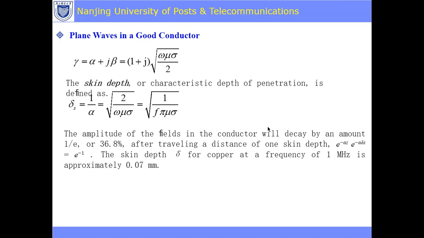Less the frequency, higher the skin depth. For copper, which we just discussed, the skin depth for a 1 megahertz frequency is 0.07 mm.